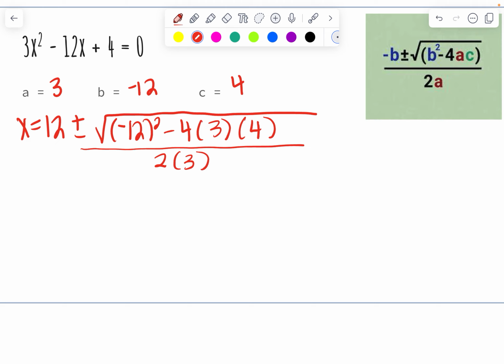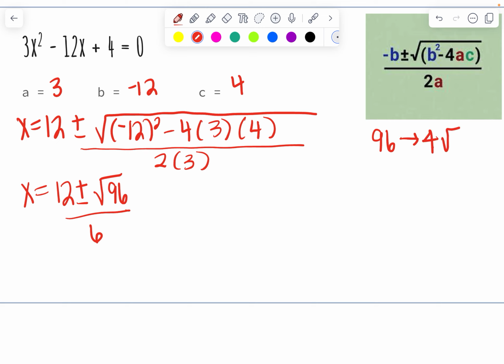If I put the discriminant in my calculator, I get 12 plus or minus the square root of 96, all divided by 6. We already broke up the square root of 96. In a previous example, we said that was the same thing as 4 times the square root of 6.